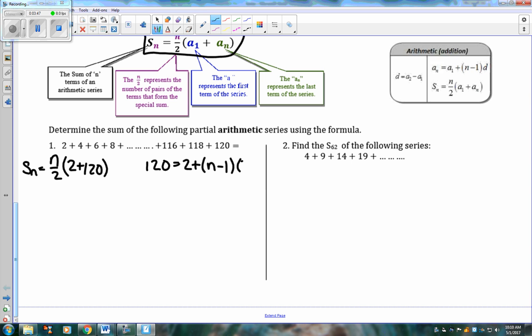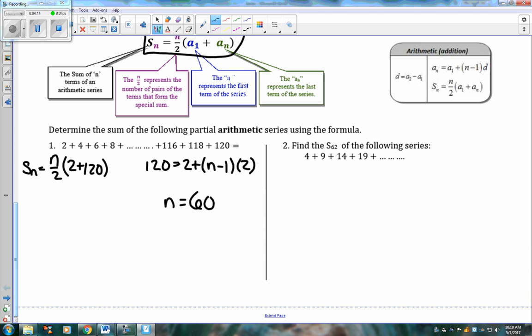And then solve for n. What's n equal? 60.